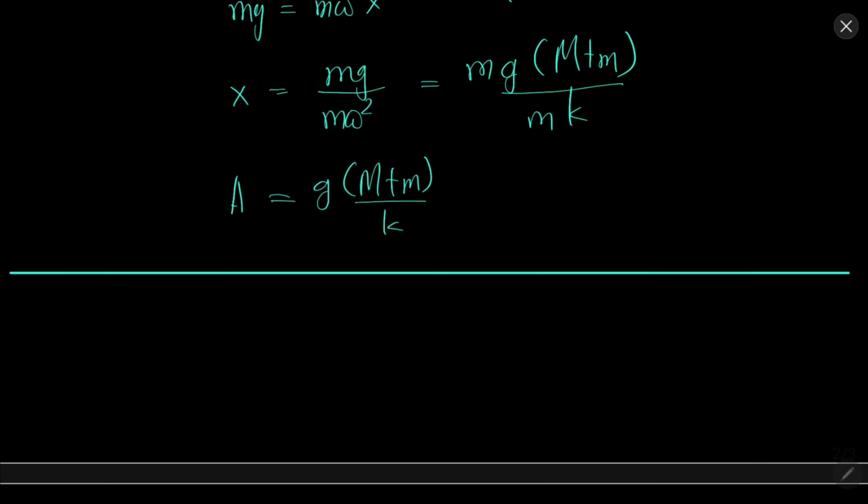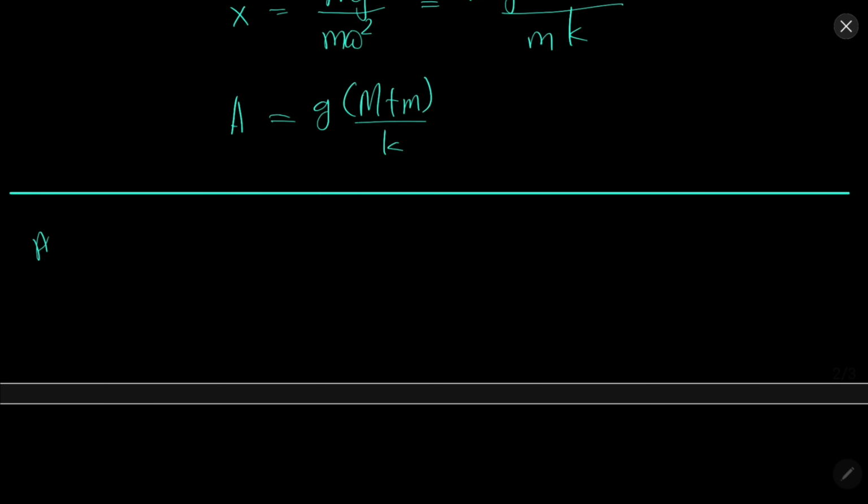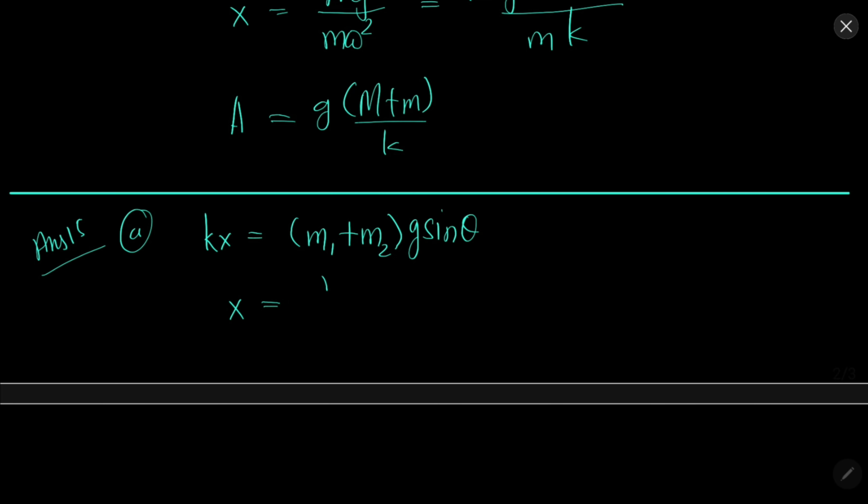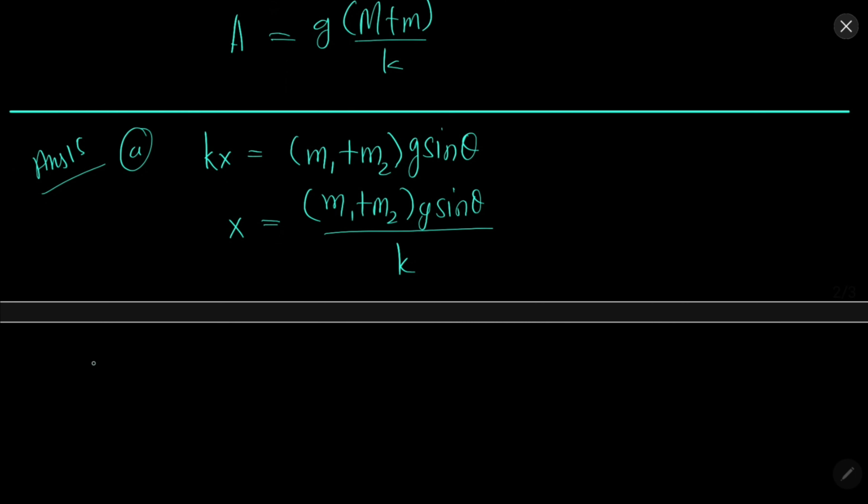So this is solution 15, A part. So in the equilibrium position we will have this equation. So x will be m1 plus m2 g sin theta over k.